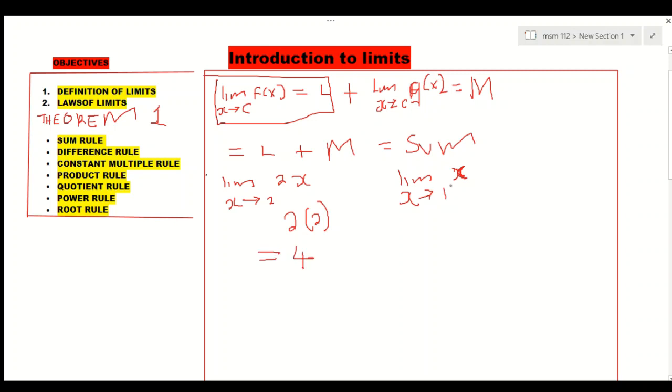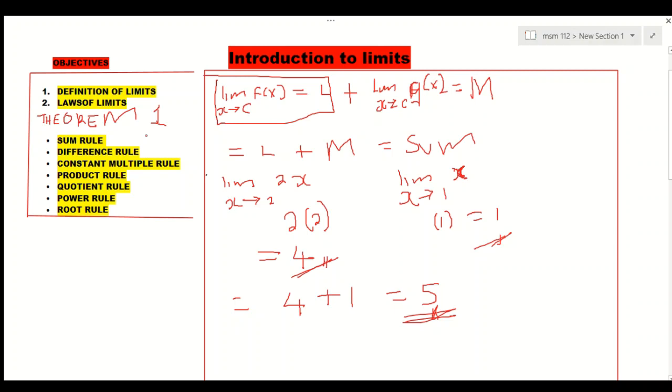Then here, if I substitute there, where there is x I put 1, the answer is just what? 1. So using the sum rule, I can come here direct and sum up the limits I found, 1 and 4. So that's what the sum rule states. I can come here and add this. Then the answer will be 5. Hope this is clear. This is the sum rule.